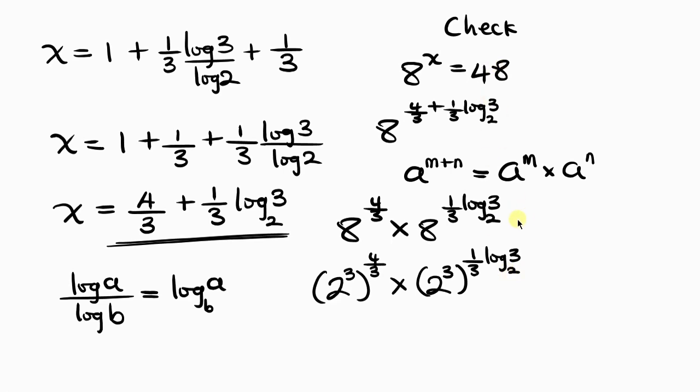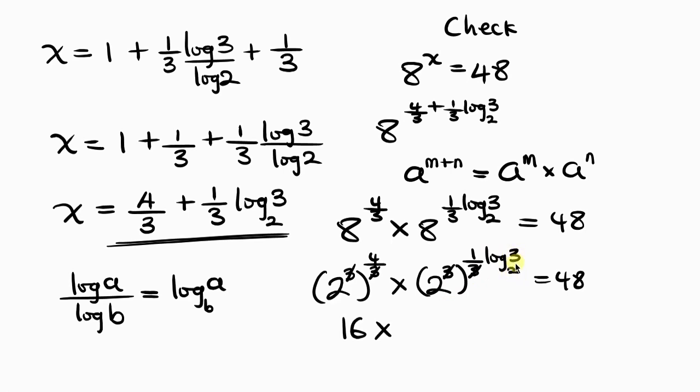Remember, we're supposed to have 48. All right, watch. So according to indices, powers multiply. So 3 cancels 3. So I have 2 to the 4th. 2 to the 4th is same as 16 times. Now 3 cancels 3. Now there is a property of logarithm which says if I have a base here, which is the same as the base of the log, that means I'm going to be taking the number.